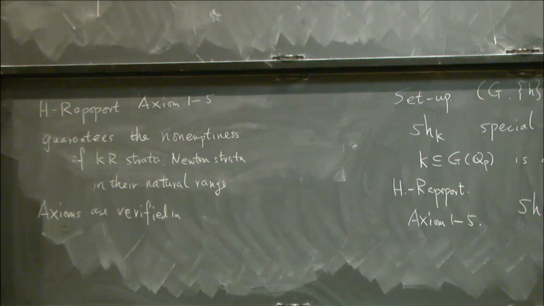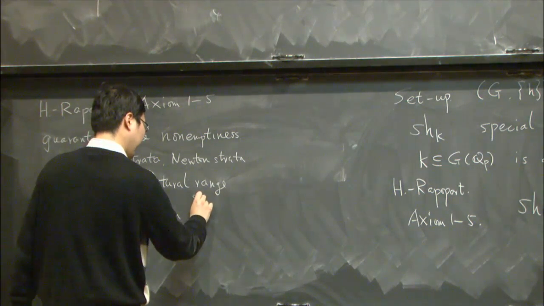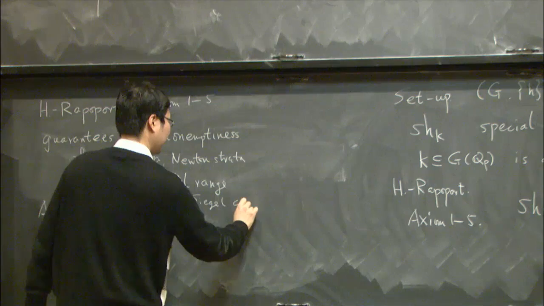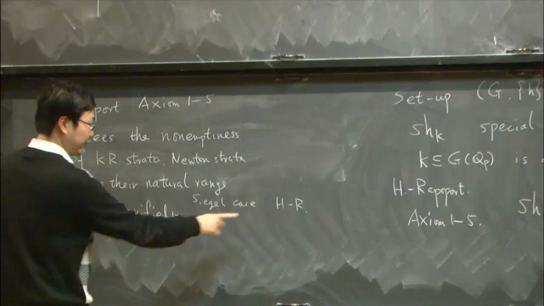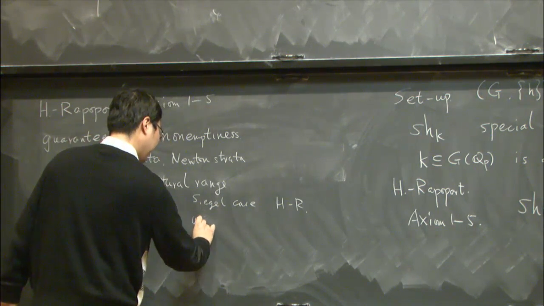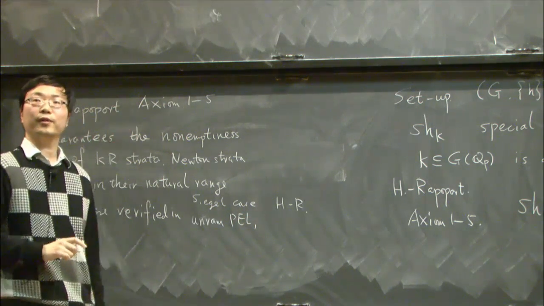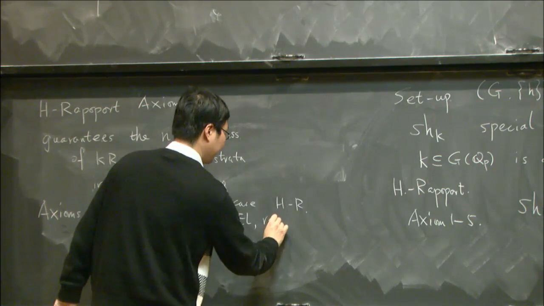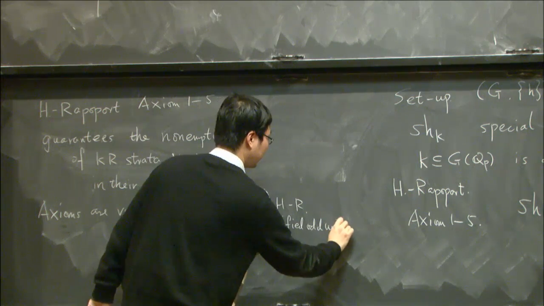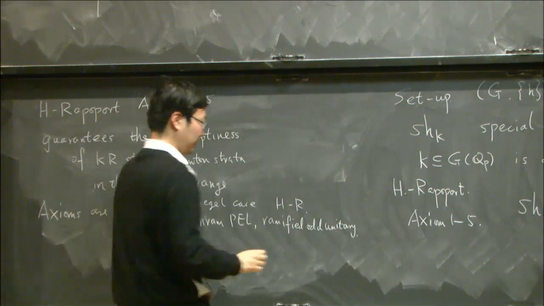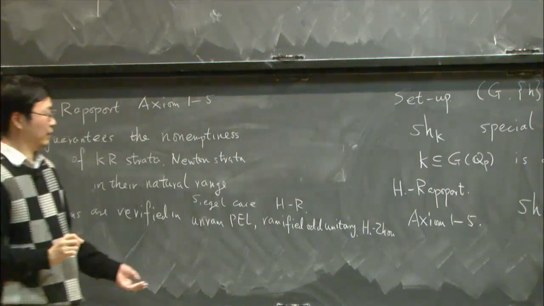In the Ziegler case, I mean SP, this is already in the joint work with Rappaport, and also in the unramified PEL, and also in the ramified odd unitary. This is a joint work with Zhou.